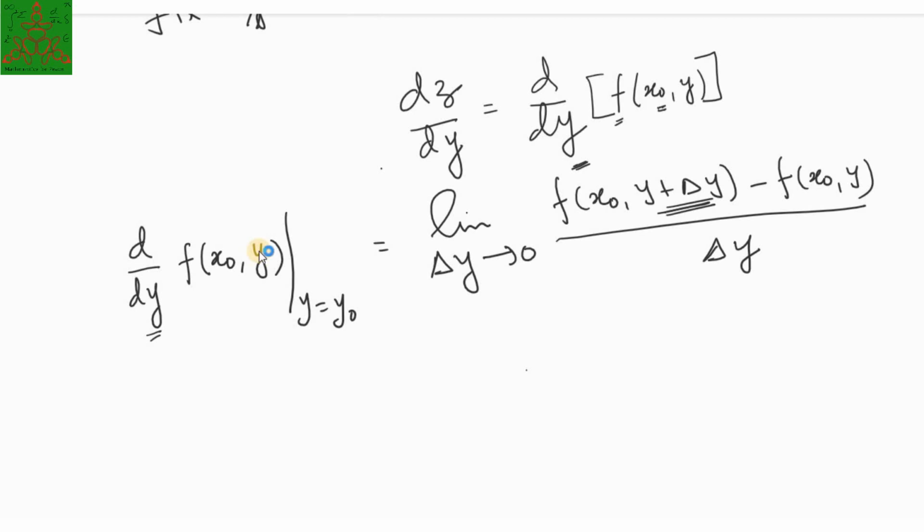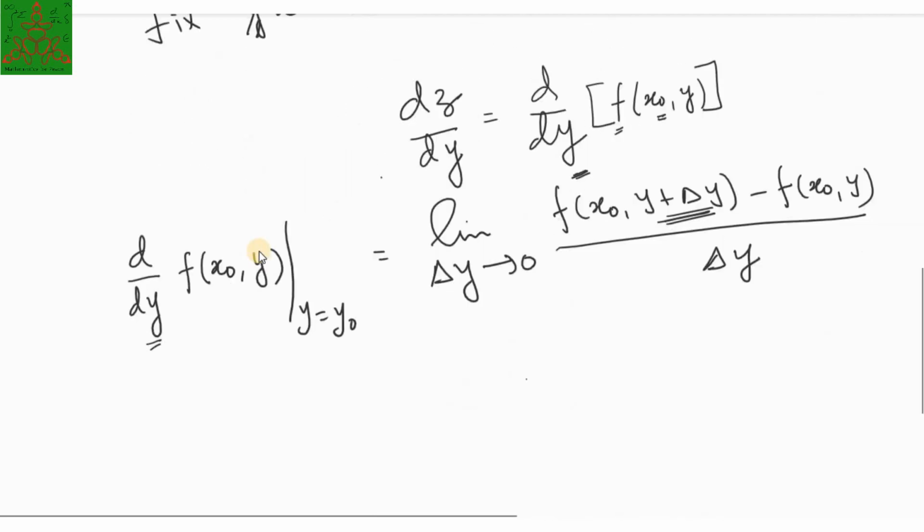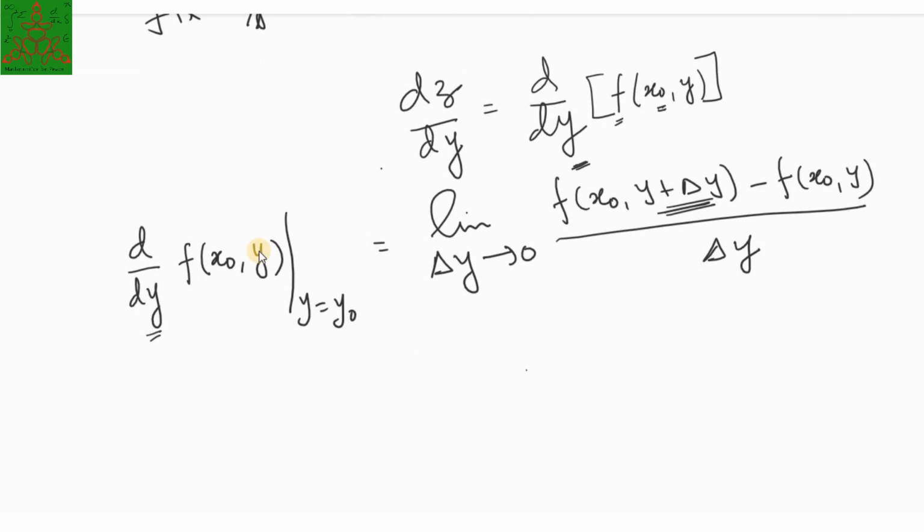As you see in the derivative definition above, you are changing x, so in the numerator you have the change in f, and in the denominator you have the change in x, where x is the independent variable and f or y is the dependent variable. Here it is the same thing. z is the dependent variable, only we are allowing y to vary, so that is why there is change in y only, and x is fixed.